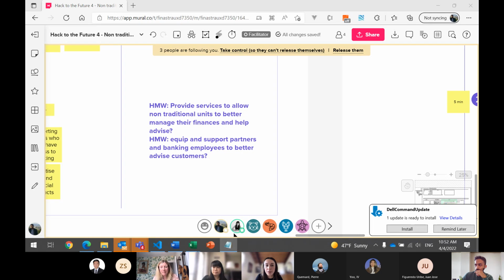Perfect. Any other thoughts, comments from the group? How better we can sharpen these and figure out what we want to ideate on? Any other insights we forgot to pull over to this section? I was almost thinking that the whole thing could be about supporting relationships. So it's almost like how might we help people to support their relationship through financial services. Mm-hmm.